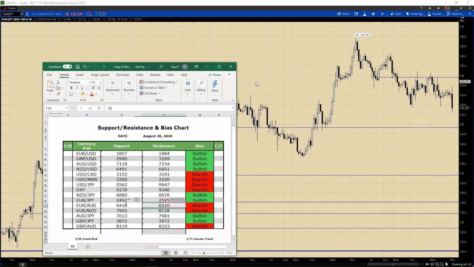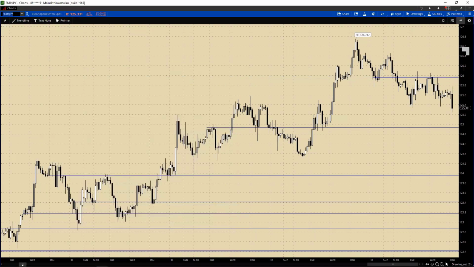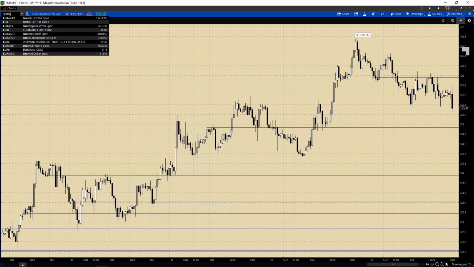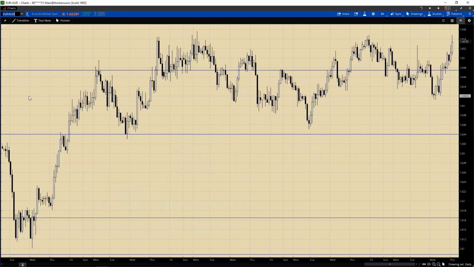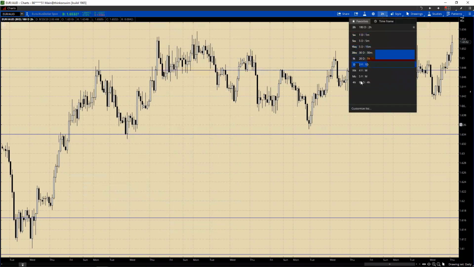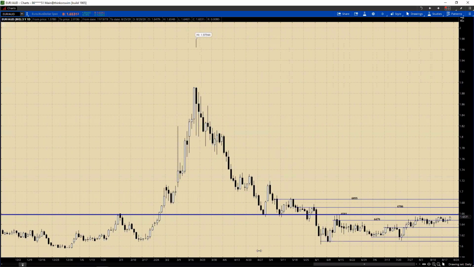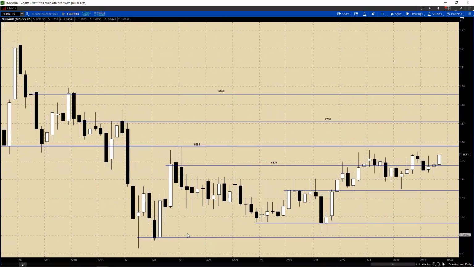On to the euro aussie. $65.81 is still up there.